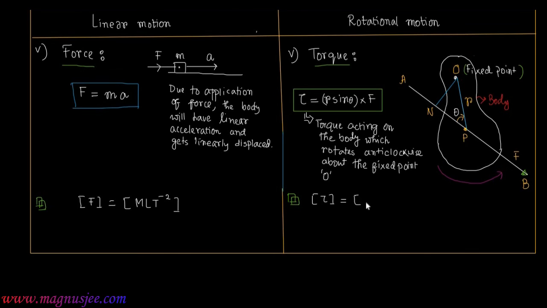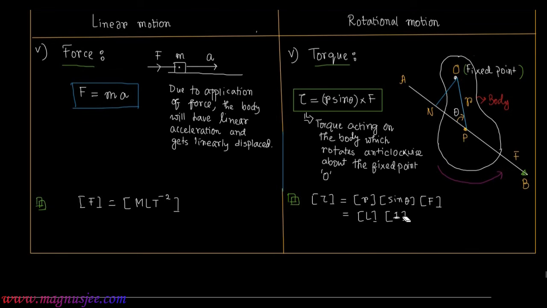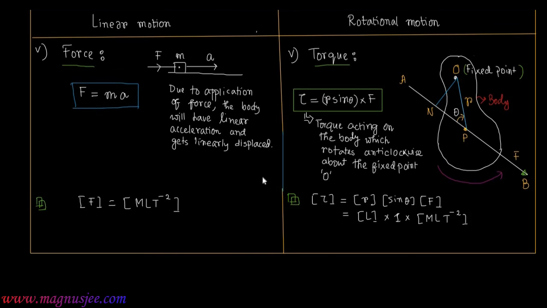Dimension of tau is equal to dimension of R into dimension of sin theta into dimension of force F, equal to dimension of L into 1, because sin theta is dimensionless, into dimension of force, M L T to the power minus 2. So finally we get the dimension of torque tau as M L square T to the power minus 2.